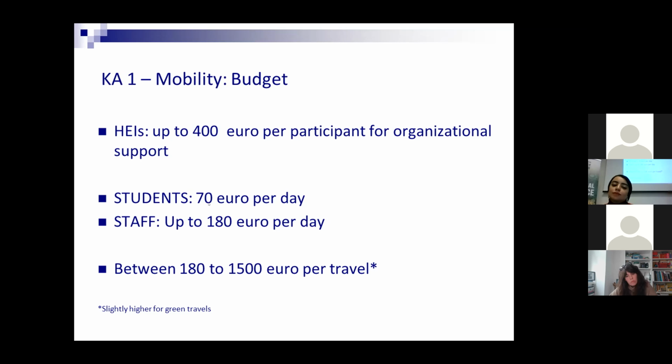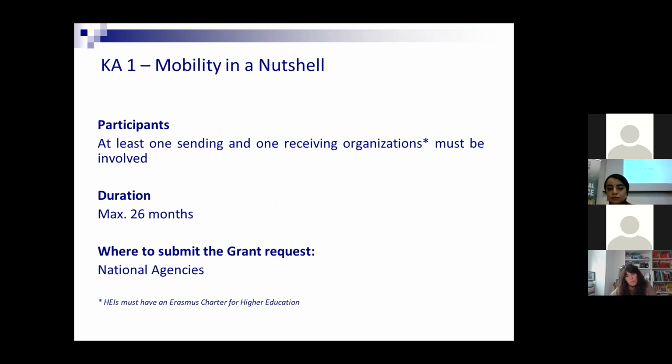Why up to? Because it depends on the country of destination. There are countries where the cost of living is lower, and then the budget will be lower per day, and countries where the cost of living is higher, and then the budget will be higher. Similarly, the budget for travel will be between 180 euro up to 1,500 euro, depending on the distance the participant will be traveling.